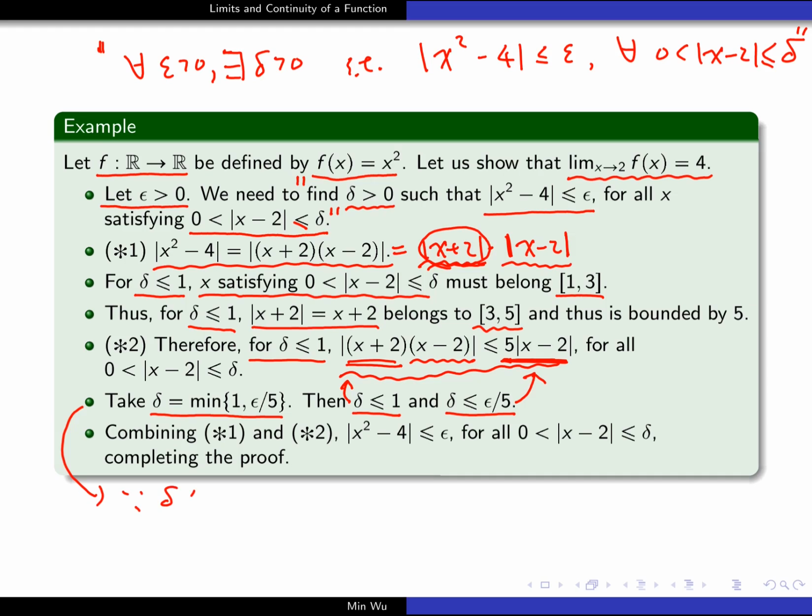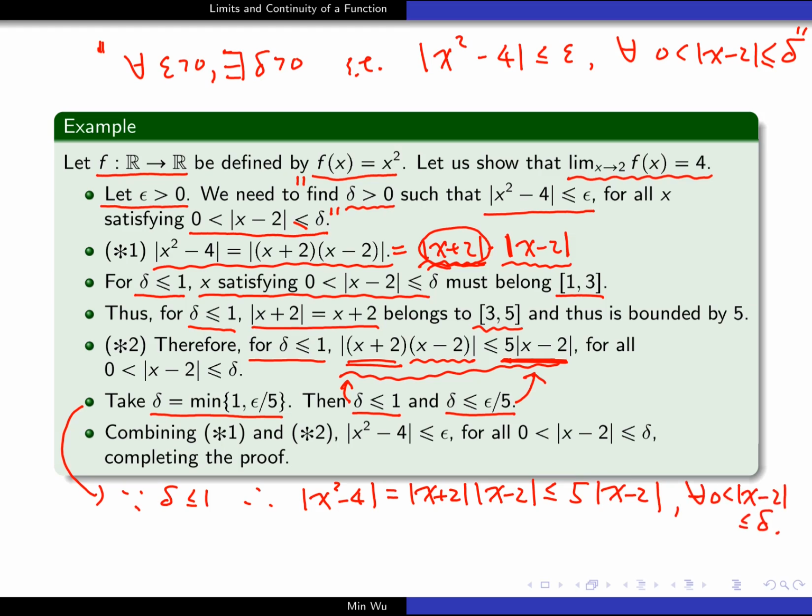We will have x² - 4, which is equal to (x + 2)(x - 2), which is less than or equal to 5 times |x - 2|. So this follows from simply delta being less than or equal to 1. This is for all 0 < |x - 2| ≤ delta.